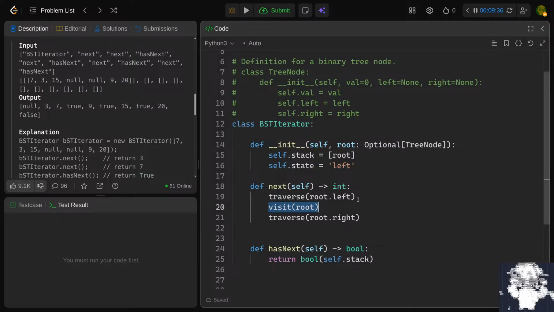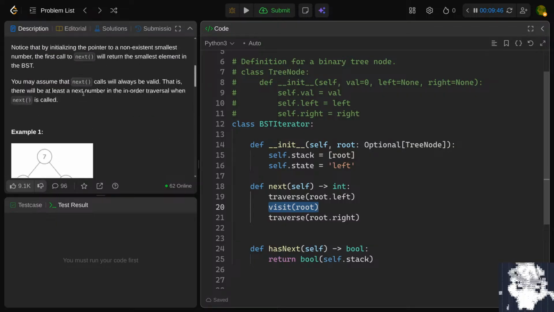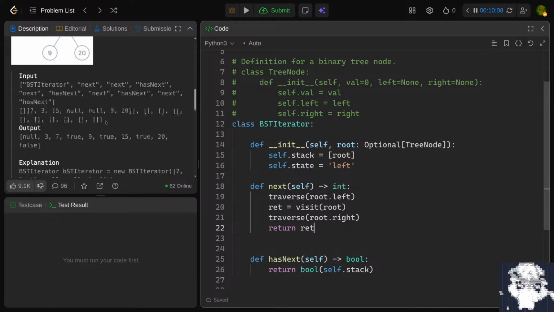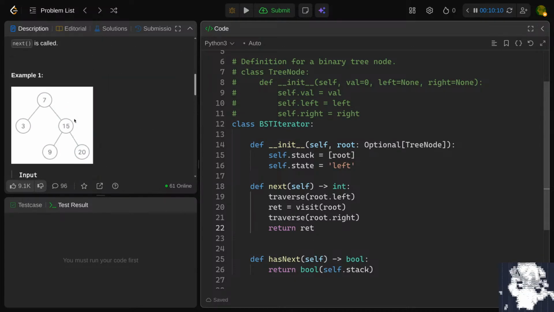Which means that anytime we have yielded, so anytime we return from next, we want to do like ret equals this, return ret. And what are we actually returning? The value?